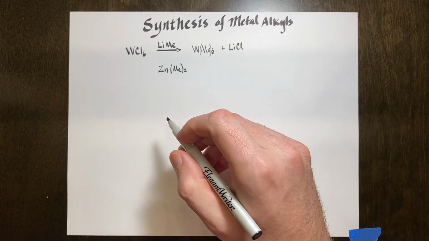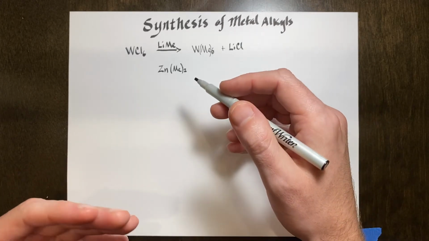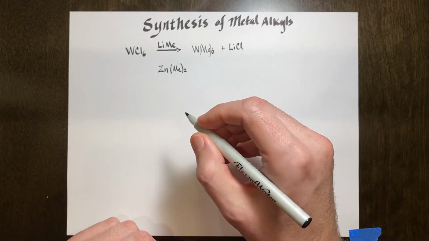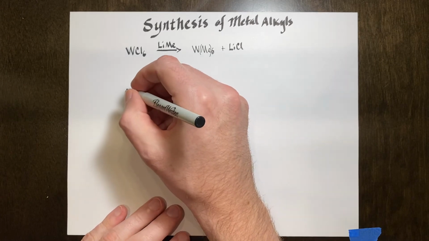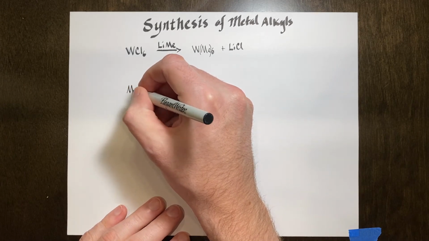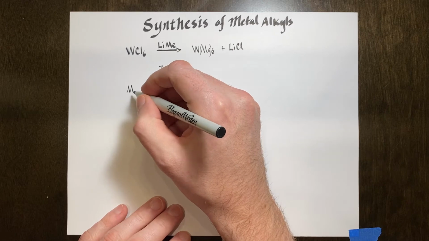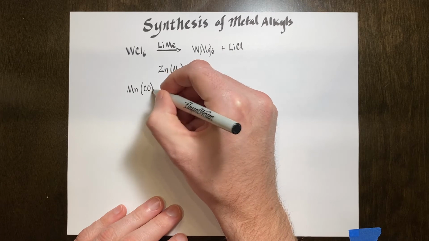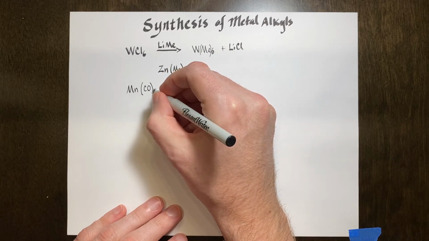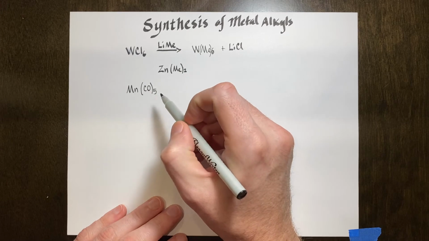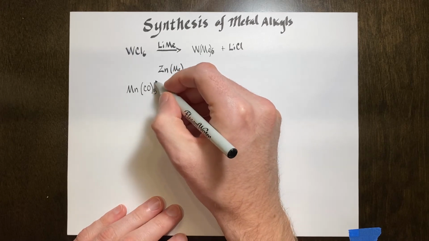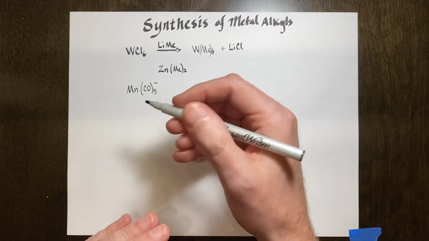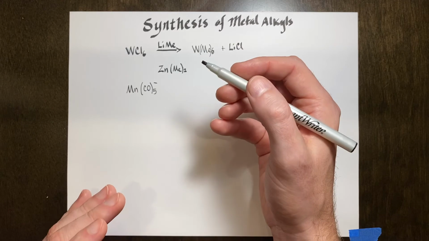It's also possible, instead of using nucleophilic attack, to use electrophilic attacks. So if we start off with a negatively charged complex, and later on we can talk about stability of complexes, one of the ways to stabilize a metal complex in a very low oxidation state is to put a lot of carbon monoxide ligands around it. That tends to stabilize it in a low oxidation state.